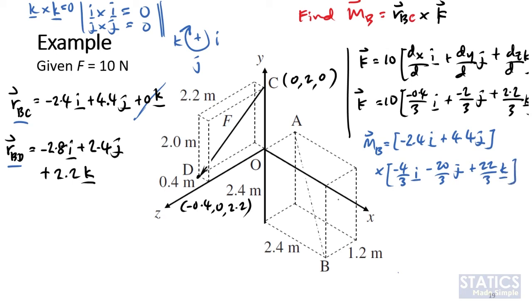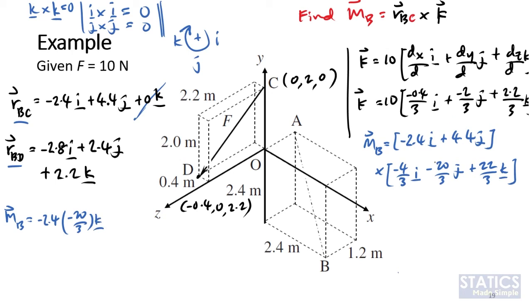All right. So if we want to solve this, MB equals to, let's say we consider the i term first, minus 2.4 times minus 20 over 3. ij will give you positive k.